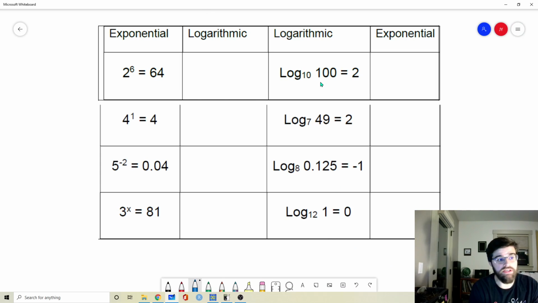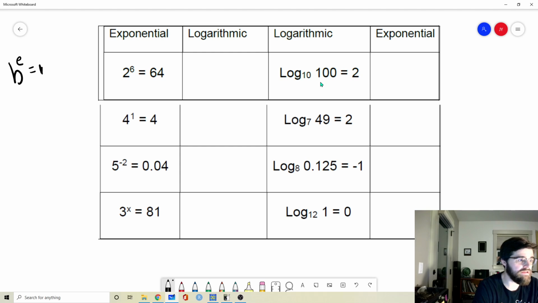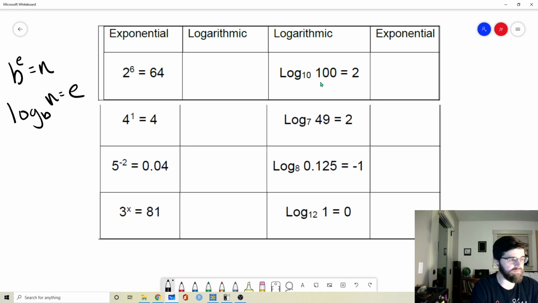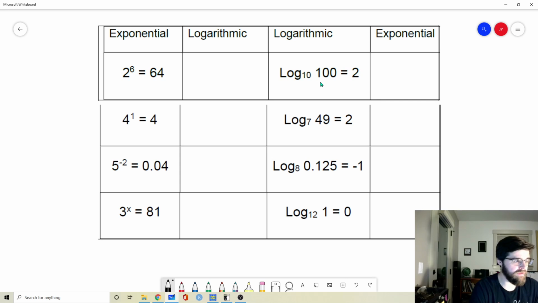Okay, so essentially any exponential can be written as a log, and any log can be written as an exponential. One of the ways we can do this is to think about Ben the log bunny. Or we can use the logarithm loop trick. Actually, I'm going to redo this to make it better.